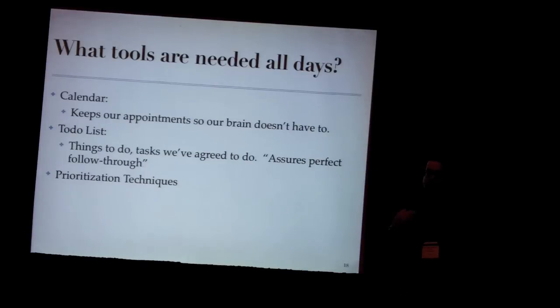Really, to-do lists are about assuring perfect follow-through, eliminating that, oops, I forgot, sorry boss, kind of situation. And also prioritization. As we get used to our to-do list, we can be a little more sophisticated and start prioritizing our work.